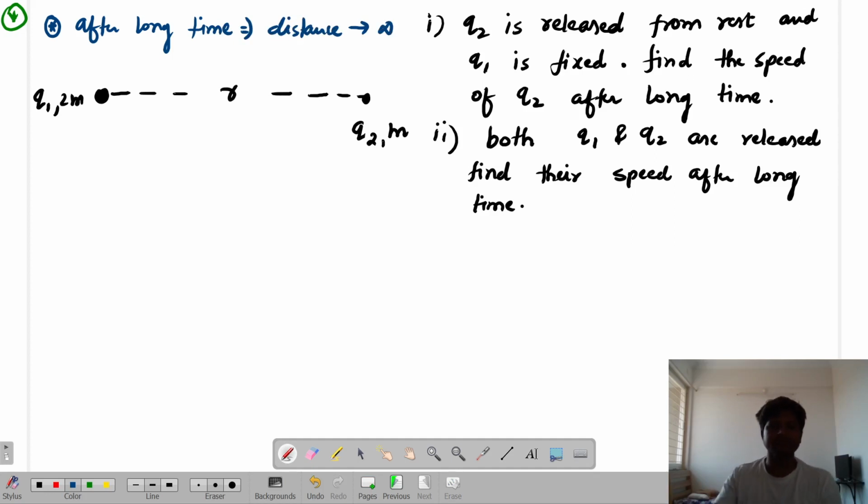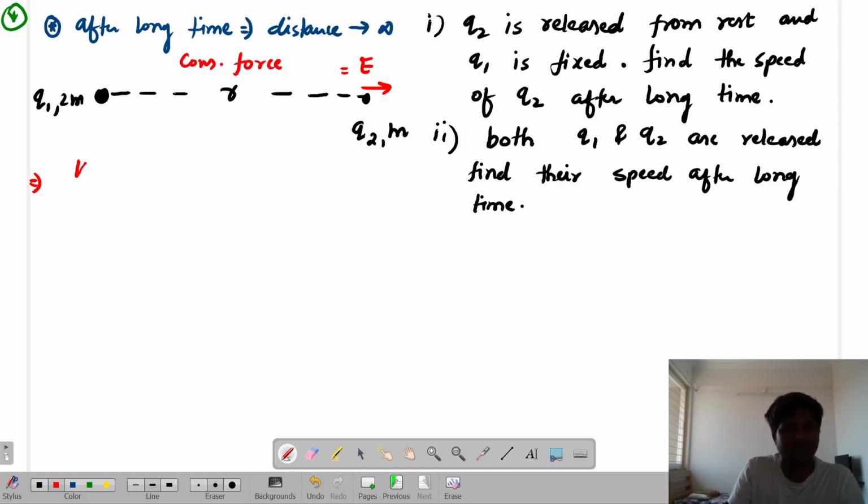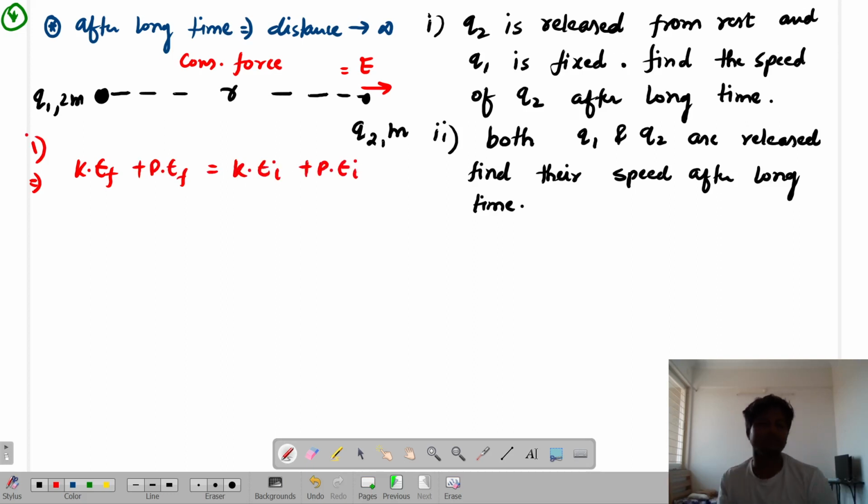So if distance tends to infinity, only one force is working now, that is electrostatic force. This electrostatic force is a conservative force. So kinetic energy final plus potential energy final is equal to kinetic energy initial plus potential energy initial.